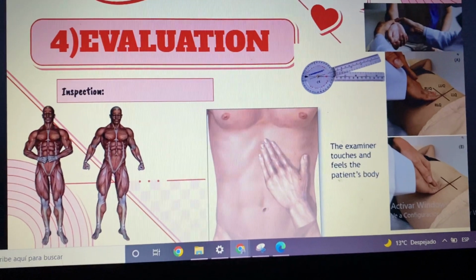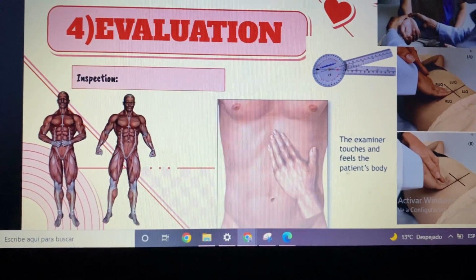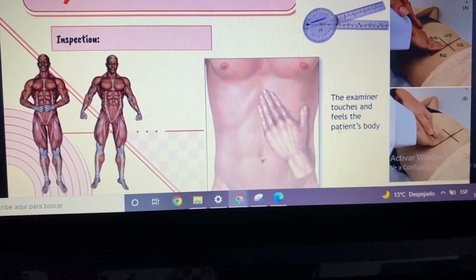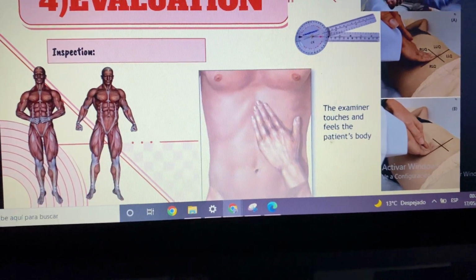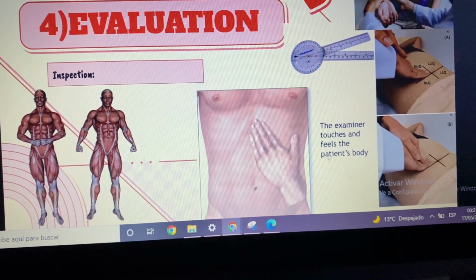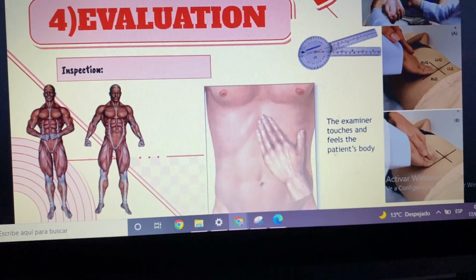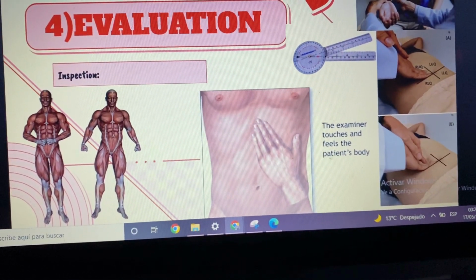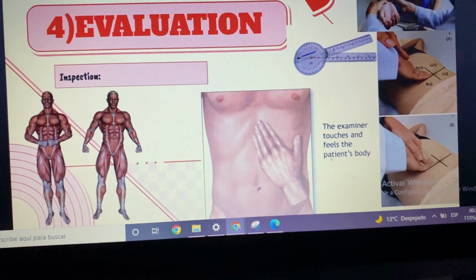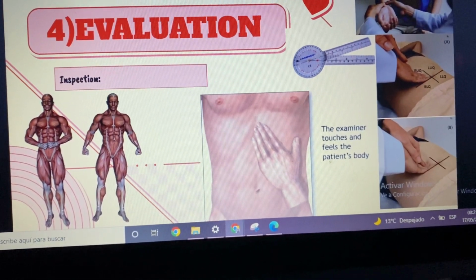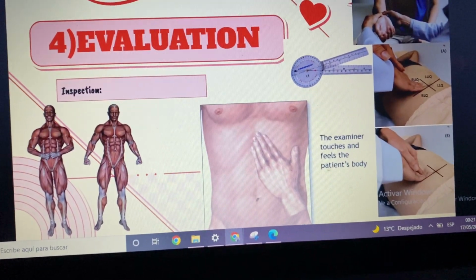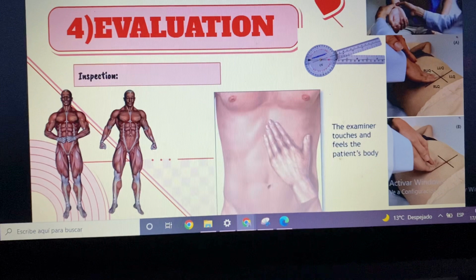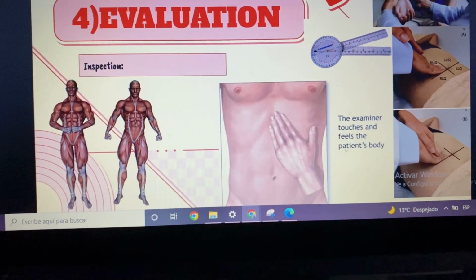Within inspection we are going to evaluate the following: the joint range, evaluation of muscle strength, assessing functional movements, and within this point is the trophies. We evaluate the trophies either by comparing with the healthy side or with palpation.